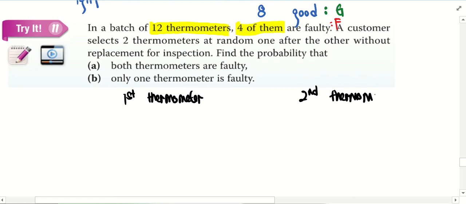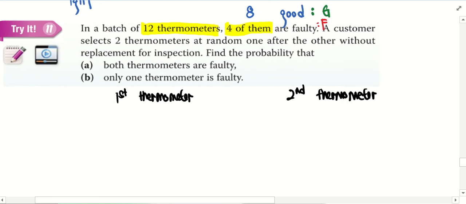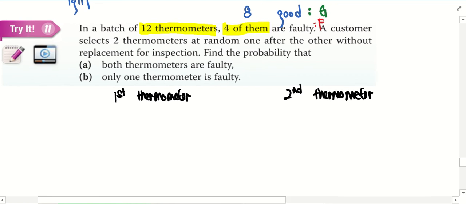Okay, I'm drawing bigger. How many outcomes for the first thermometer? How many outcomes, Soshen? How many possible ways can I get my thermometer?